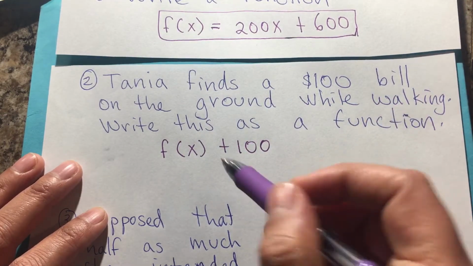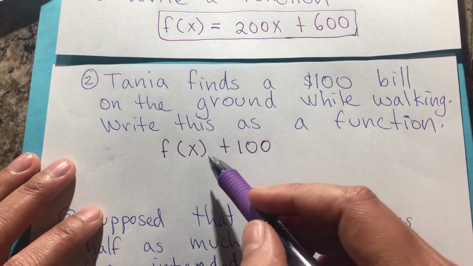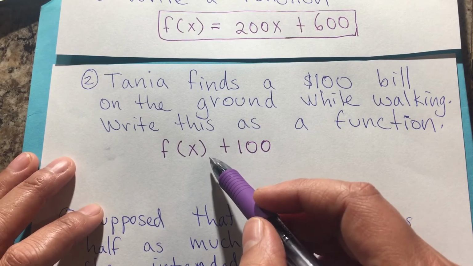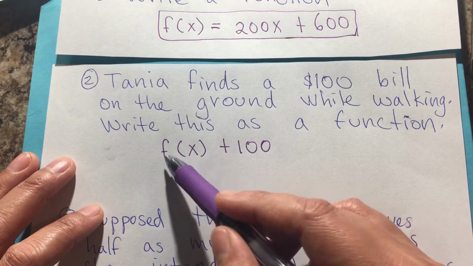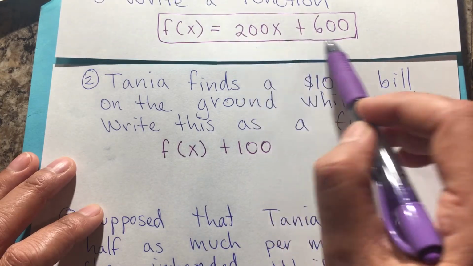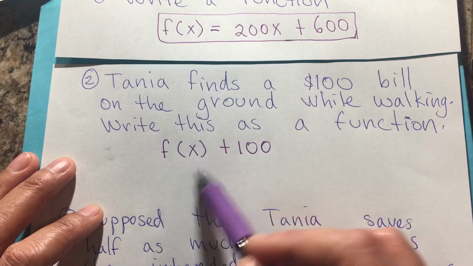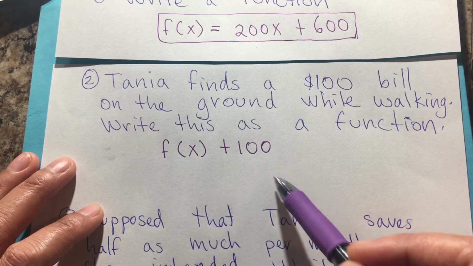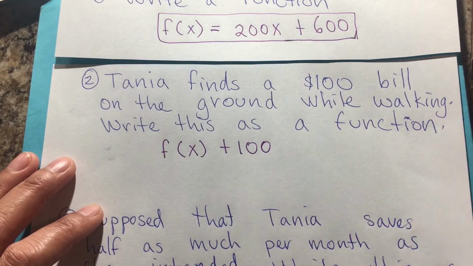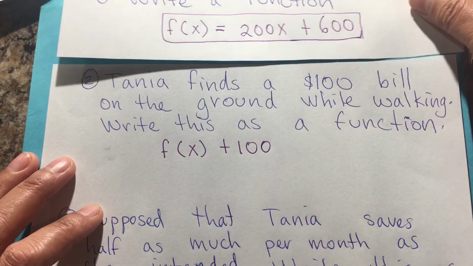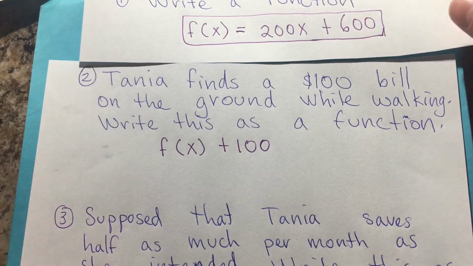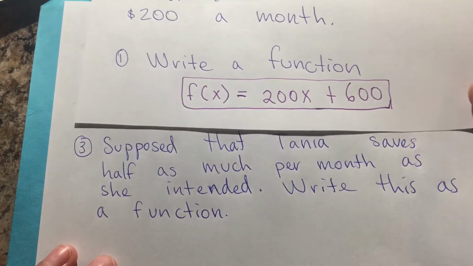For this homework, that's all you have to do. Of course, if they ask you to evaluate, you replace this f of x by the function equivalent to that f of x, and just add the 100 on the right. For now, all you have to do is represent the new function.